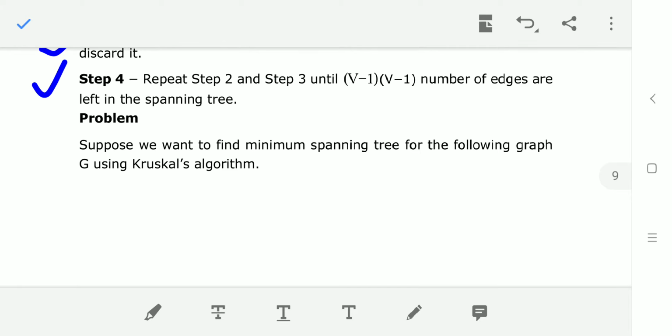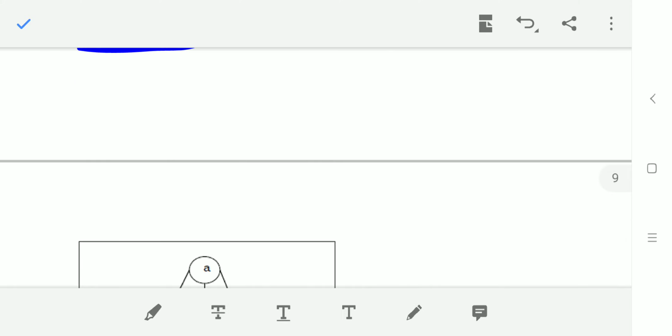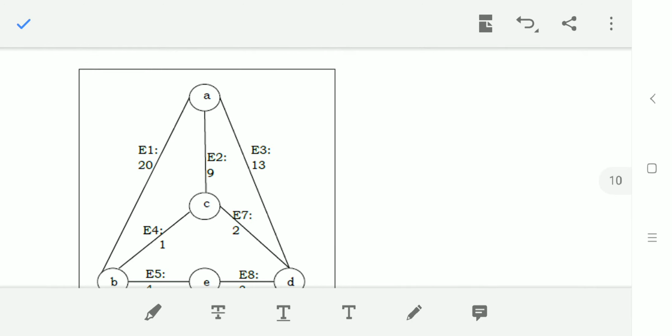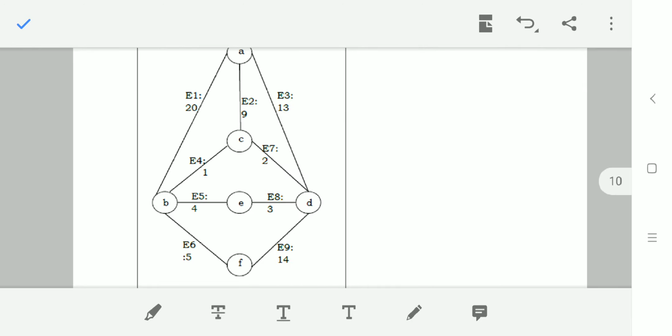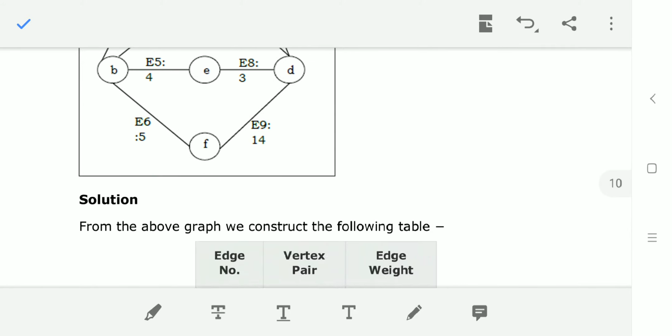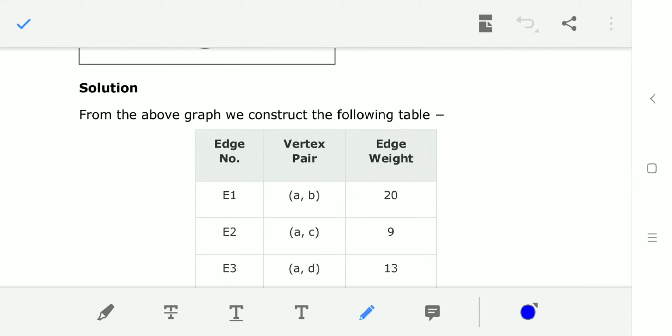Now you can understand by this simple problem. Suppose we want to find the spanning tree for the following graph G with Kruskal algorithm. This is the tree. Solution is in this way.